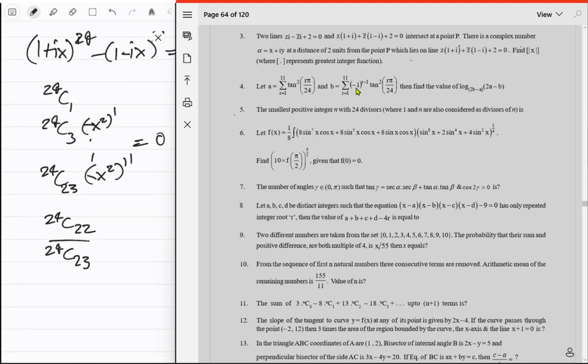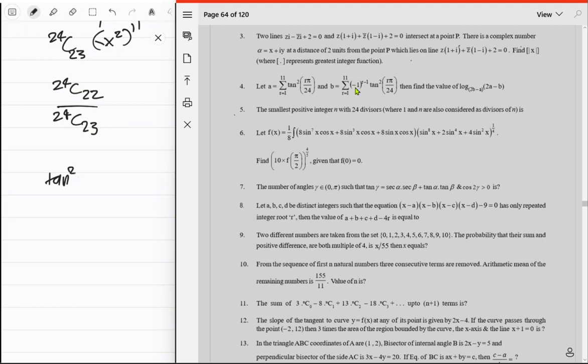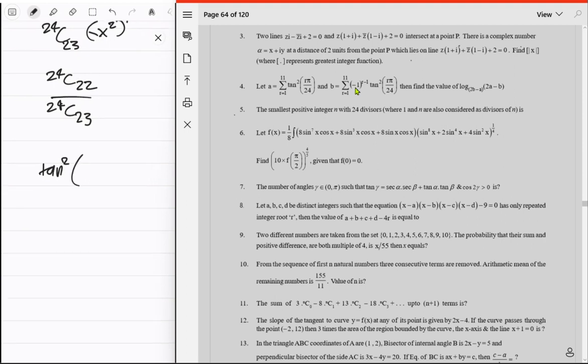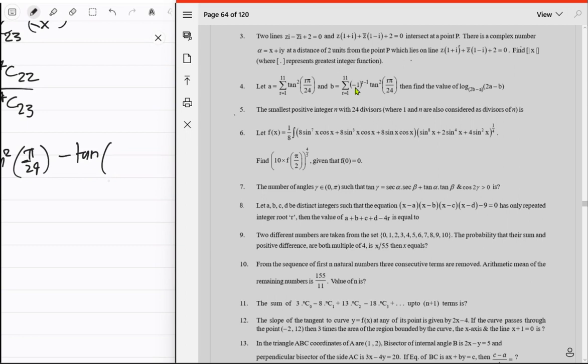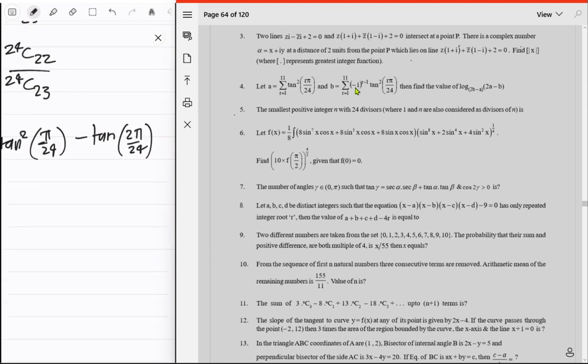Here we just have the sum of negative x squared. You don't want negative x, you want, okay, we can't do it any other way for some reason. I guess we'll just have to start. So tan squared of r pi upon 24, starting with r equal to 1, tan squared of pi upon 24. Then what comes in negative? Just negative tan squared of 2 pi upon 24. So for the even numbers we need negative, right?